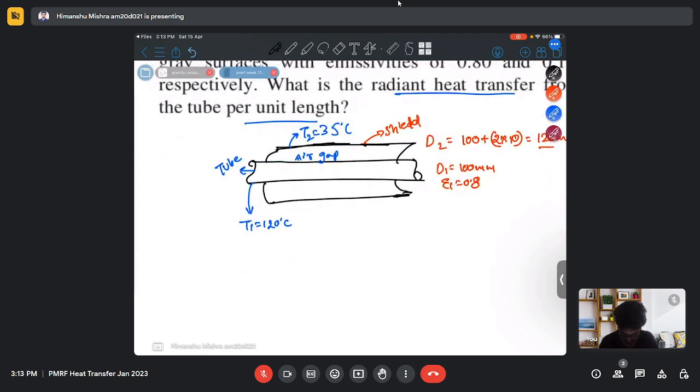So from the resistance diagram, we can see that this is the radiation resistance from surface 1. The air resistance will be this, and this is from surface 2.